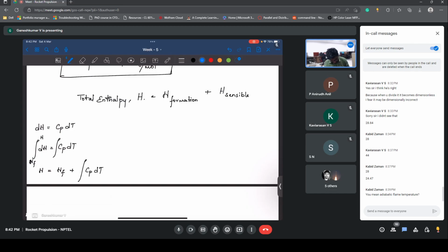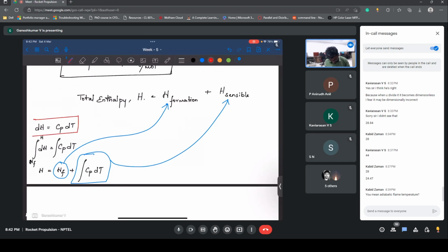This part is the sensible enthalpy, and the remaining part is what we call the formation enthalpy. So the basic fundamental thermodynamic equation is dH equals Cp dT. At the end we have to compare the energy and find the temperature, so we need to convert this change in enthalpy to a standard enthalpy. When we integrate, there is a constant, which is the formation enthalpy. So we have two enthalpies, one formation and one sensible.